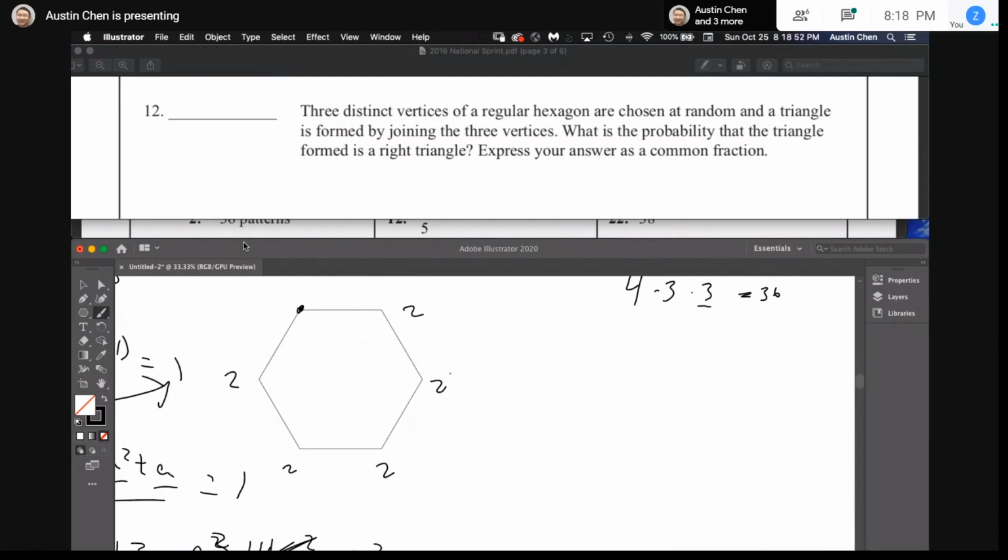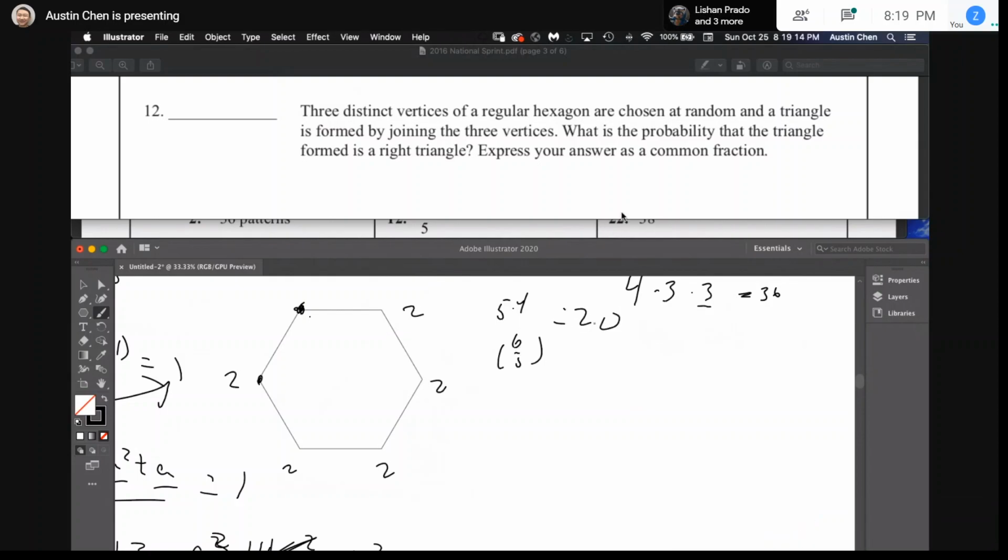So the total triangles is obviously 20, right? Without loss of generality, 1 point, and then you have 5 points, and then you have 4 points. So that's 5 times 4, or you can just do 6 choose 3, and it's 20.